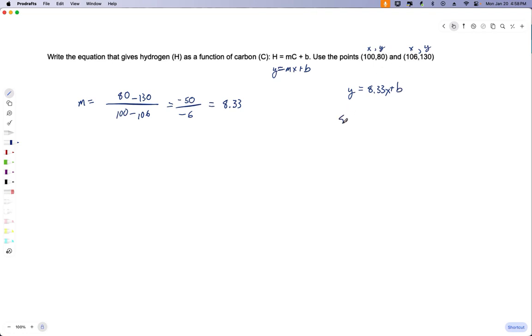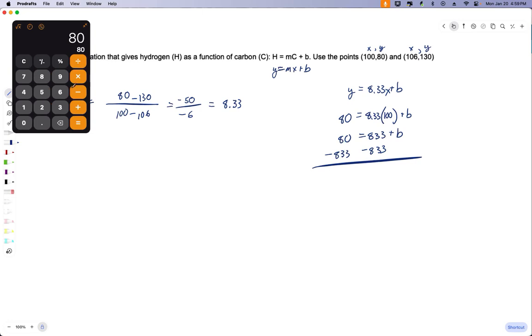So y is 80. 80 is equal to 8.33 times 100 plus b. So this becomes 80 is equal to 833 plus b. So we subtract 833 from both sides. 80 minus 833 is negative 753.